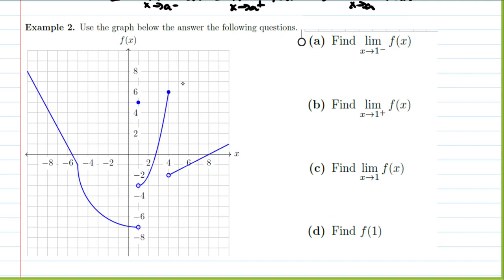All right, so the first one we're asked is find the limit as x approaches 1 from the left of f of x. And f of x is given in this graph. So the value that we're concerned with is the value x equals 1, which is right here.